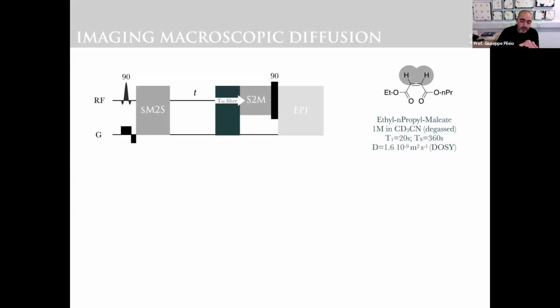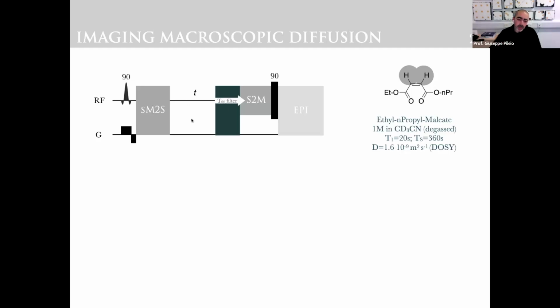Now, to do this experiment, you have to use these spatially selective M2S sequences. So the way you do that, you prepare some transverse order with a selective pulse played along a gradient, right? And then you transform that order into singlet only in that selected slice of the sample.